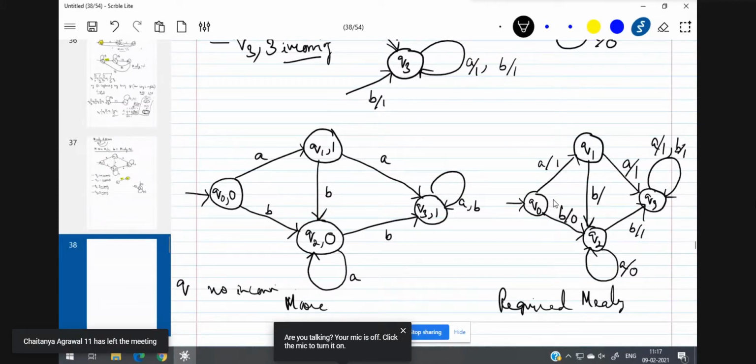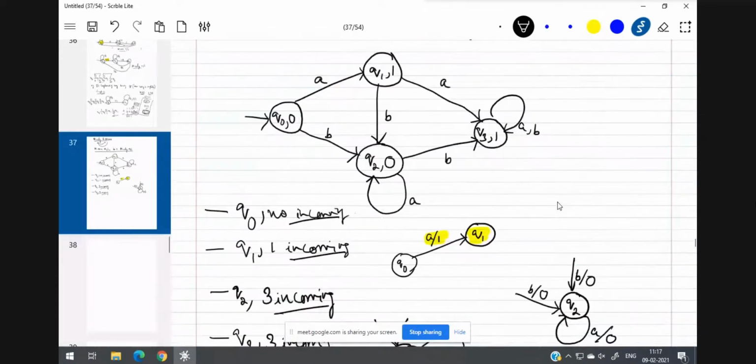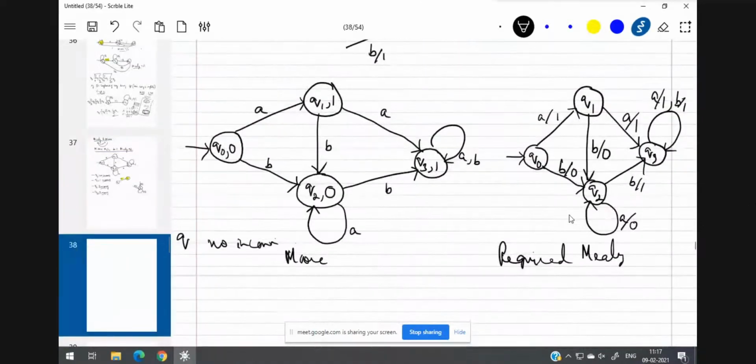Q1 to Q2 is B, and the associated output for this Q2 is 0, hence B associated with 0. Any other arc or incoming stuff being left out? No. So this is the required Mealy machine for the given Moore machine.